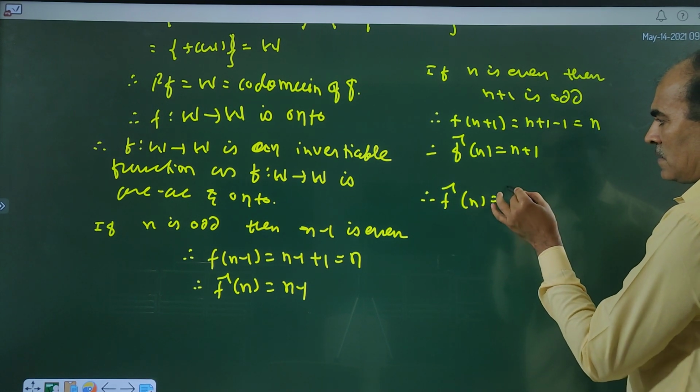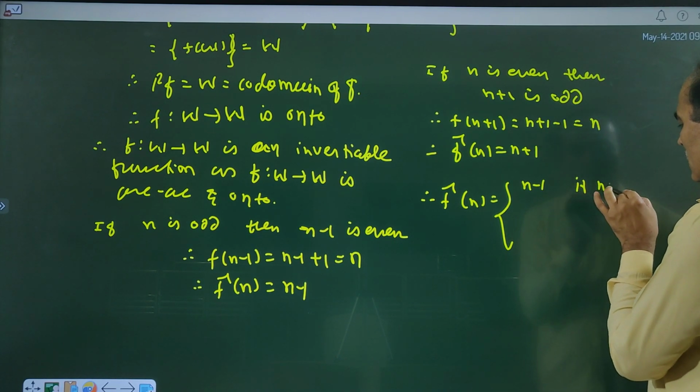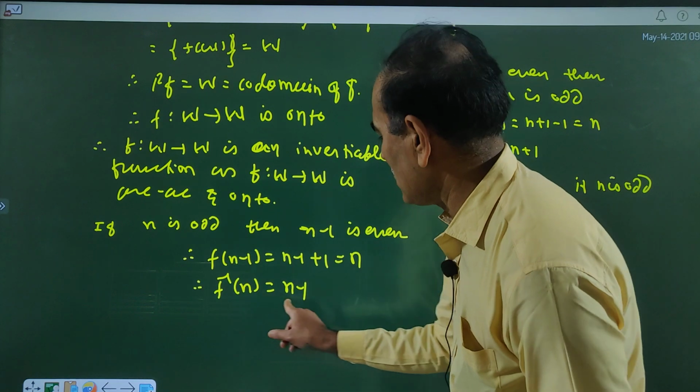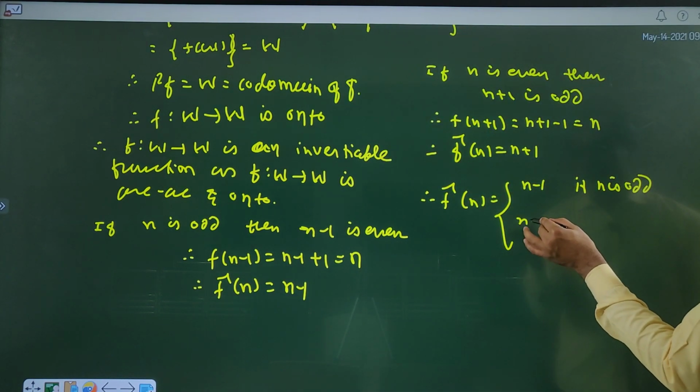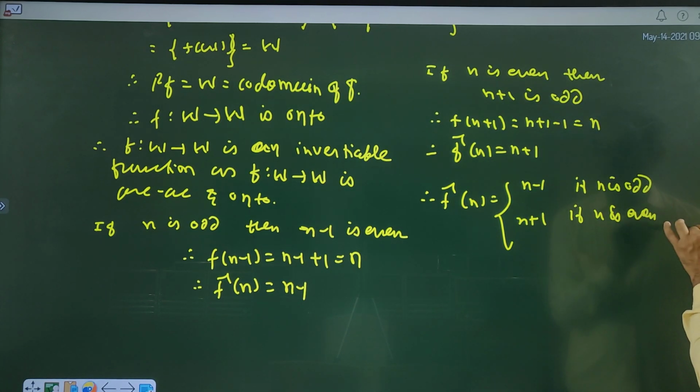And therefore, f inverse n is equal to n minus 1 if n is odd, n plus 1 if n is even. What is this thing? It is nothing but f of n.